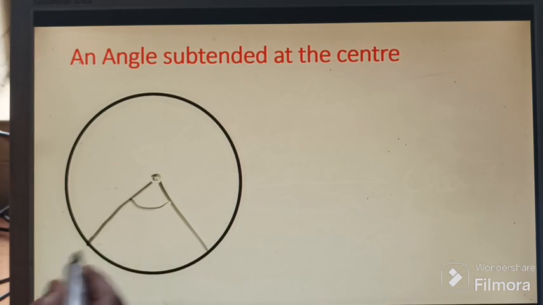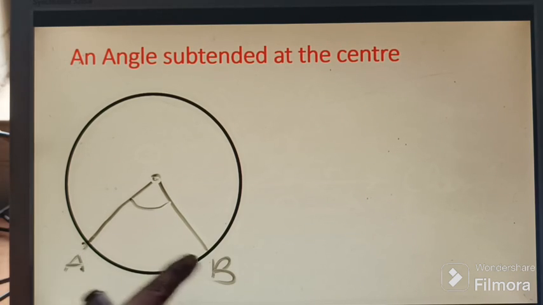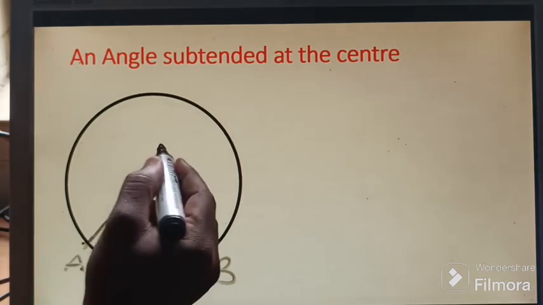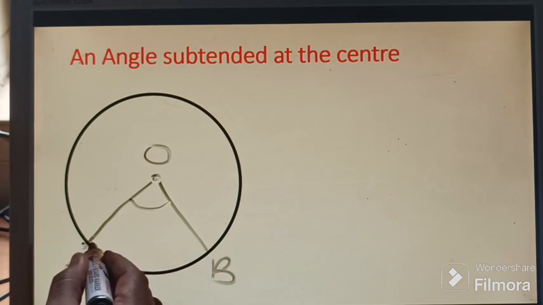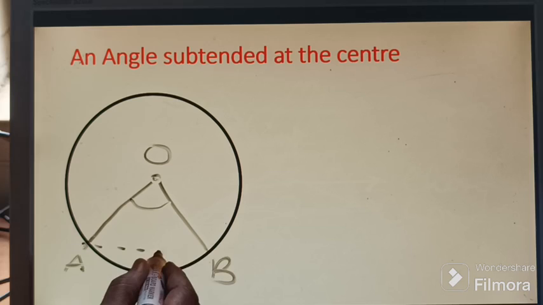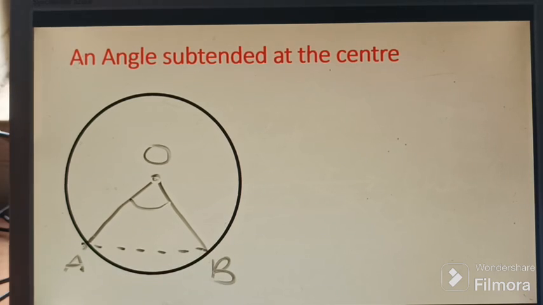So remember, if we say these lines are coming from point A and point B and meeting at center O, there are two things. Remember, we can also show that here we have our chord.